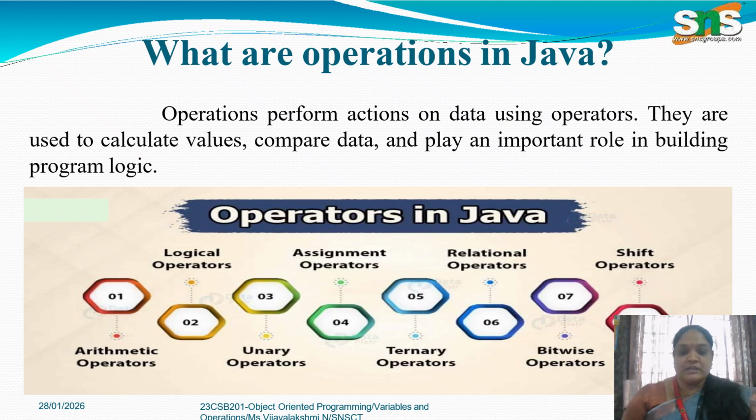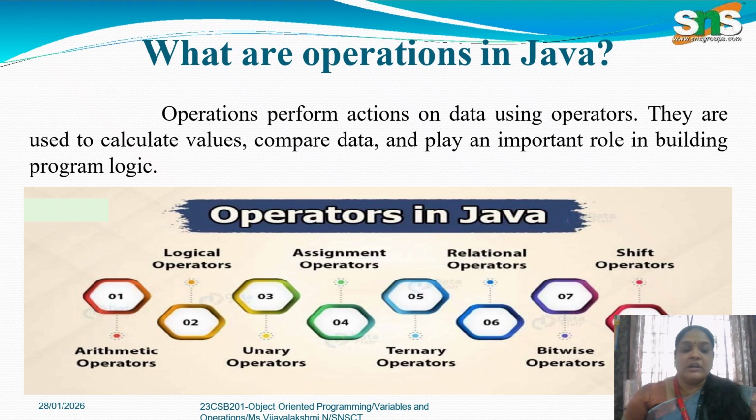The operators we have in Java are: first, arithmetic operators; second, logical operators; third, unary; fourth, assignment operator; fifth, ternary operator; sixth, relational; seventh, bitwise operator; and the last one is the shift operator.